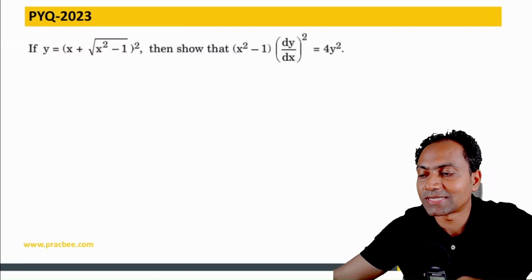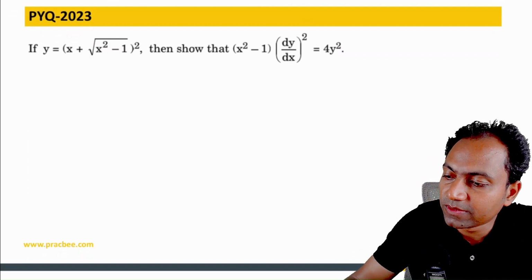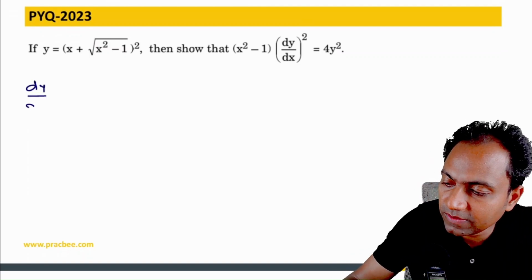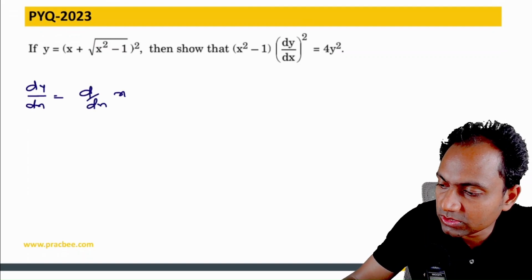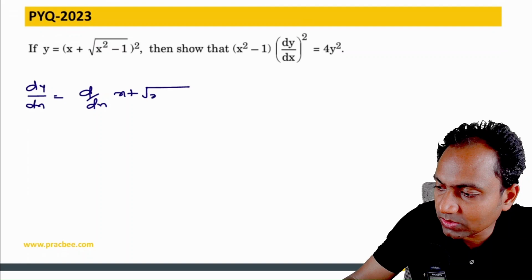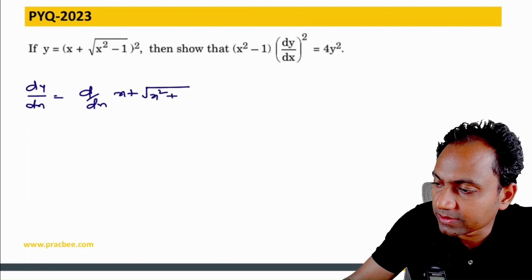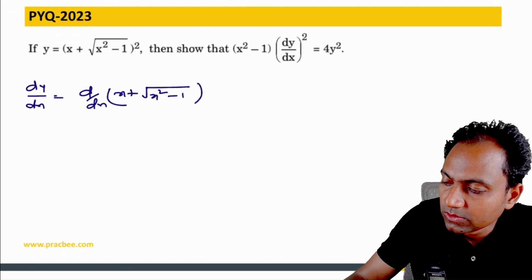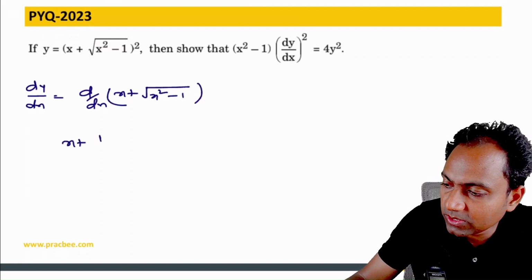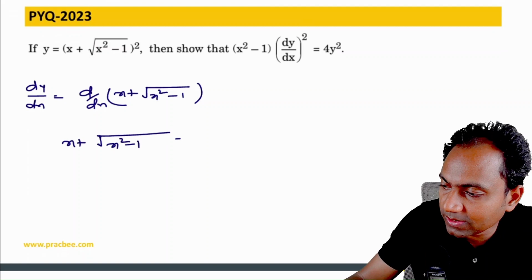If I take this next question of 2023, we will again differentiate dy by dx. Now we will have to differentiate this function. If it had been x square instead of x, the answer would be very simple to write. But you can see that instead of x, there is some other function written here. So we can take x plus root of x square minus 1 as t.